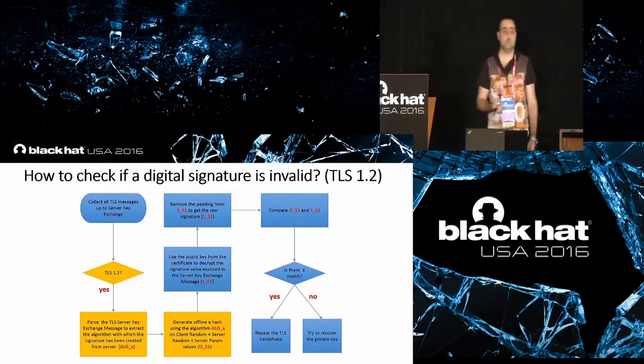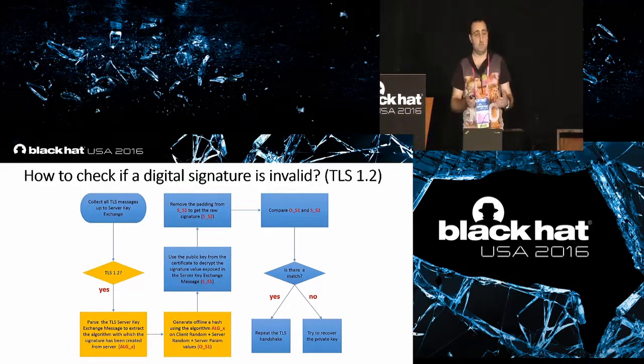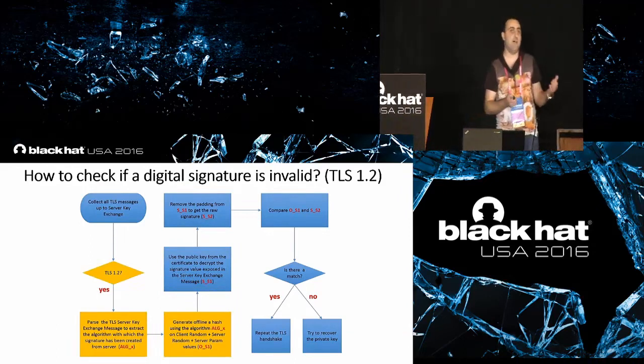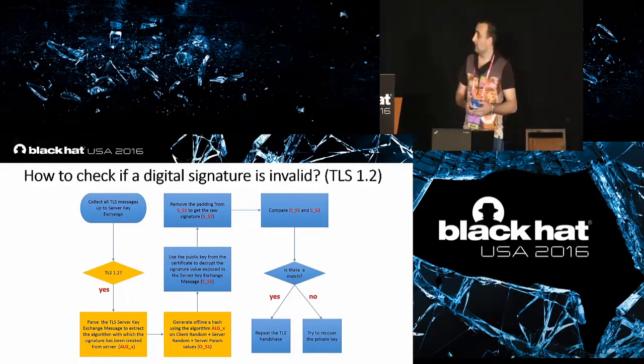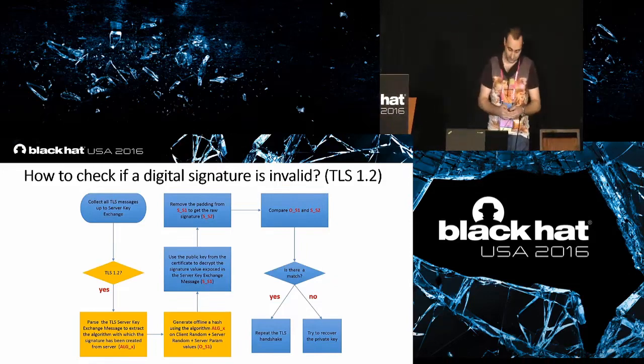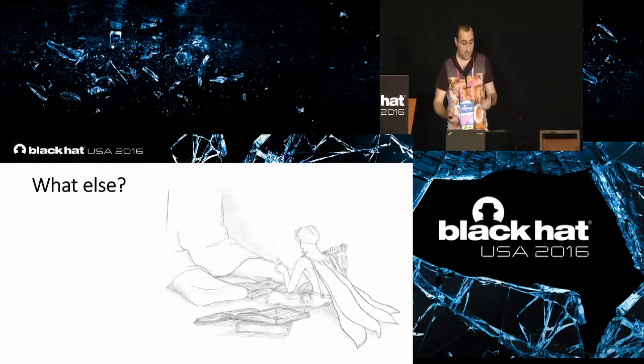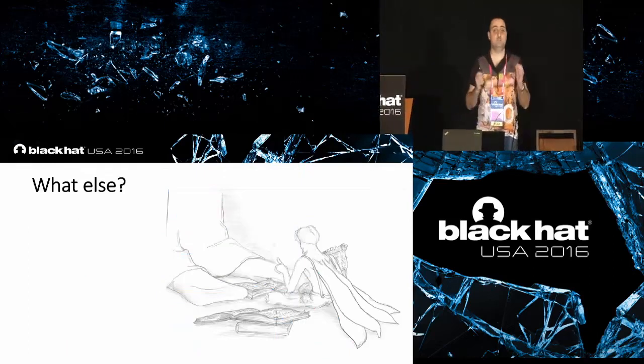With TLS 1.2, the procedure is basically the same, but instead of generating the MD5 and SHA-1 hashes, the hashing algorithm used is specified inside the TLS server key exchange message. So now we have a faulty digital signature.